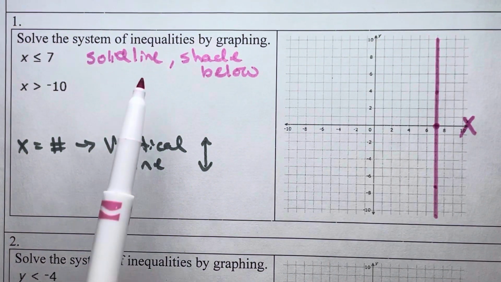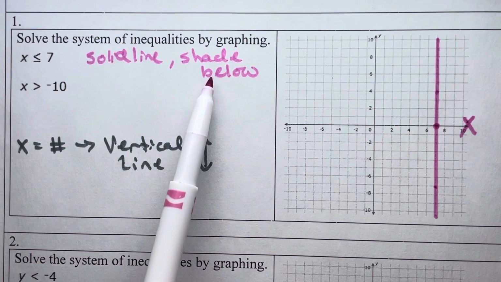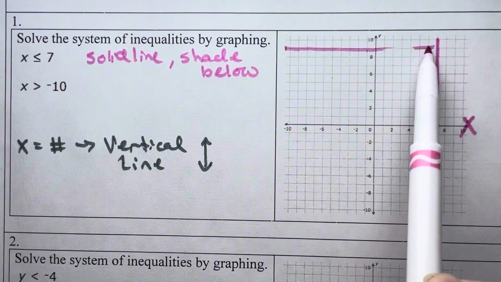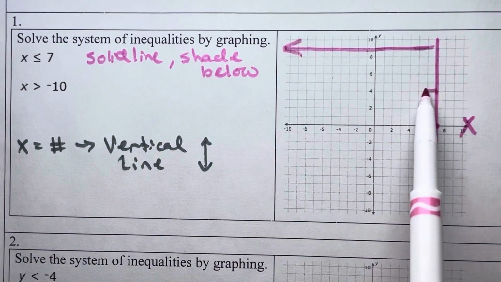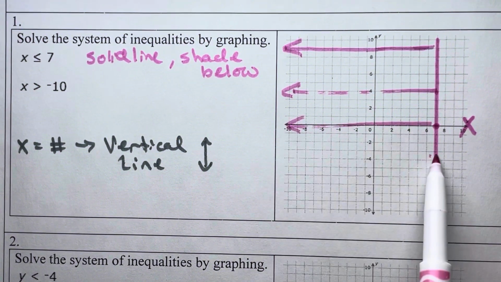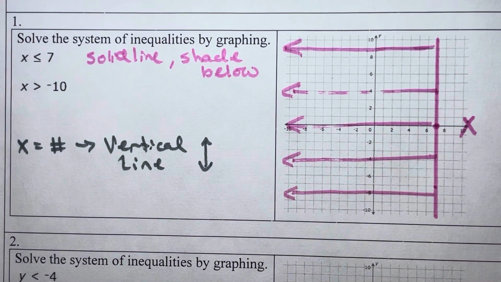And since we know that we are shading below, that will be to the negative side. That means that all of our shadings would go here across towards the left. And we're going to do that kind of gently, not fully filling the space.